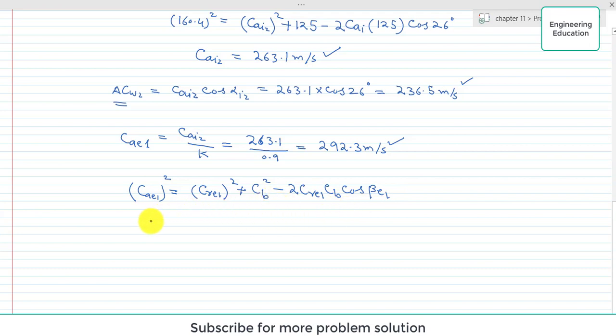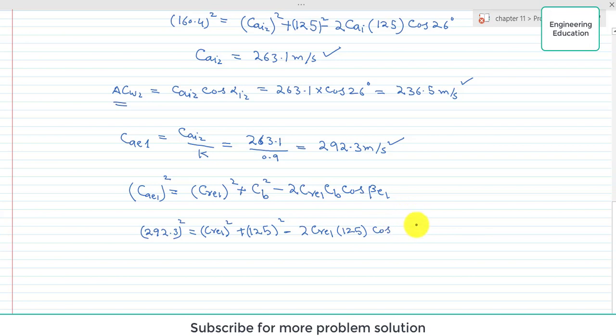Here CAE1 is 292.3 meter per second, so taking the square of this, it is equal to CRE1 square, where CRE1 is unknown, we will find it, plus CB, which is 125, so 125 square, minus 2 CRE1 CB, CB is 125, cos beta E1.